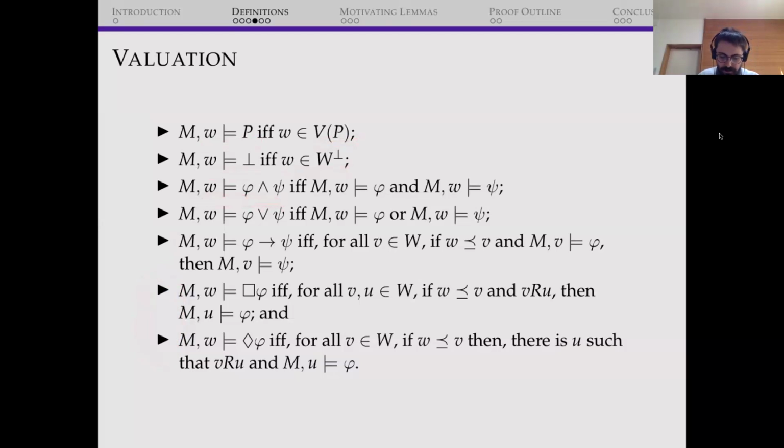It's going to satisfy conjunction if it satisfies both of the conjuncts, satisfies disjunction if it satisfies one of them, as always. Implications, as in intuitionistic logic: if however you add more information, you have that phi holds, then psi also holds. So whenever adding information, you have the previous formula, you get the next one.